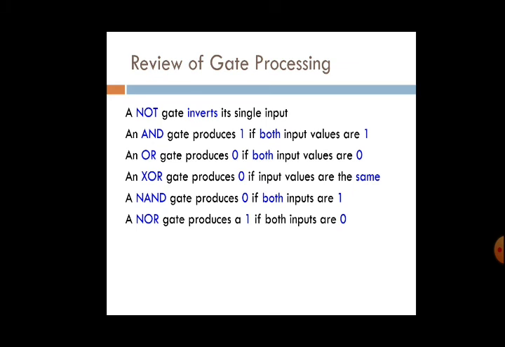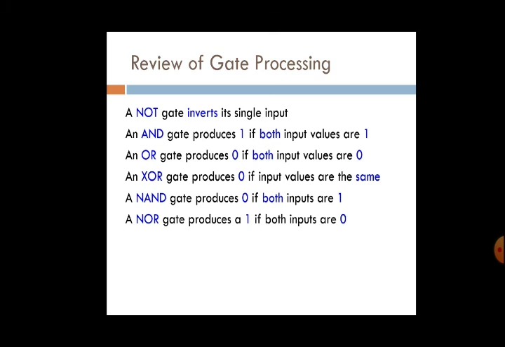First one, the NOT gate inverts the input signal. When the input of NOT gate is 1, the output of NOT gate is 0. When the input of NOT gate is 0, output of NOT gate is 1. It inverts, right? Second one is AND gate. AND gate produces 1 if both input values are 1. This is the multiplication operation.